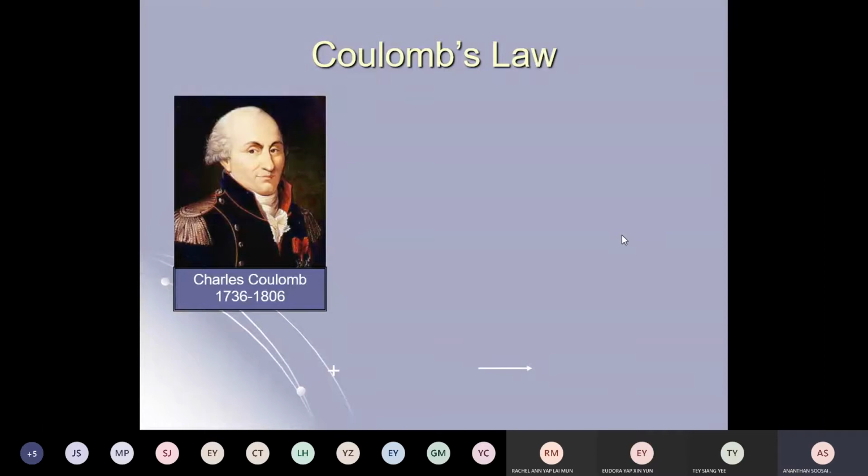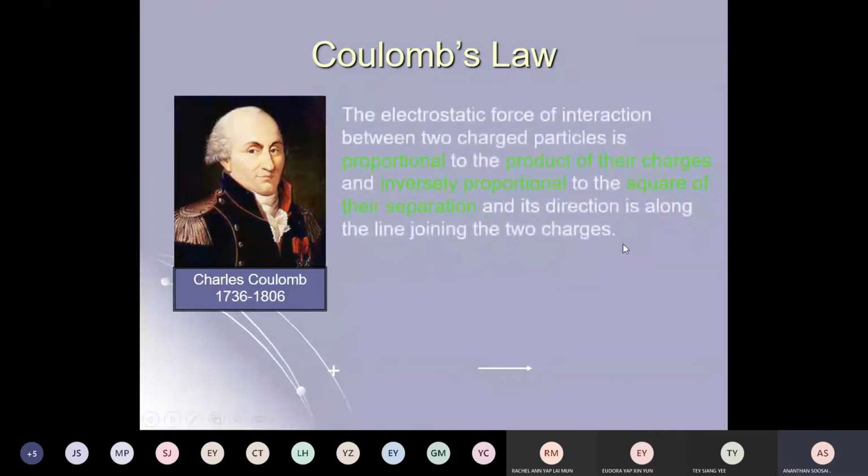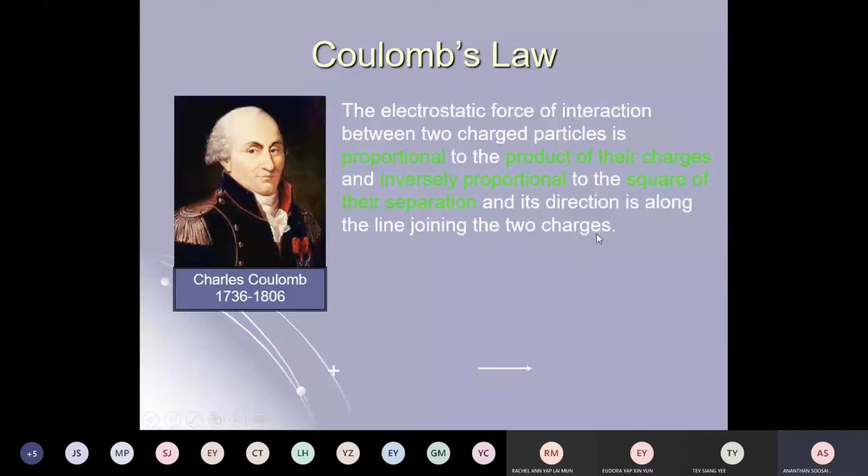Coulomb's law says exactly the same as what Newton said, but we talk about the charge. The electrostatic force of interaction between two charged particles is proportional to the product of the charges and inversely proportional to the square of the distance. The mass in gravity is replaced with the charge here.